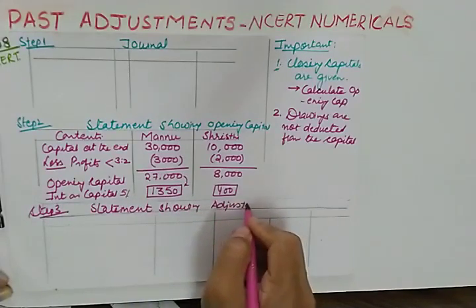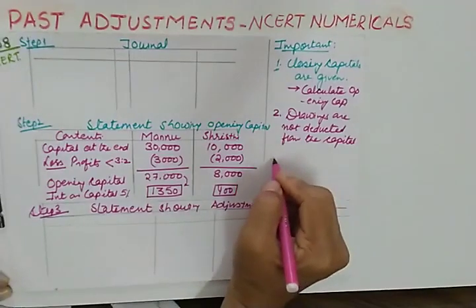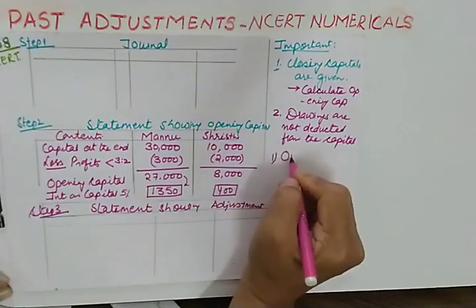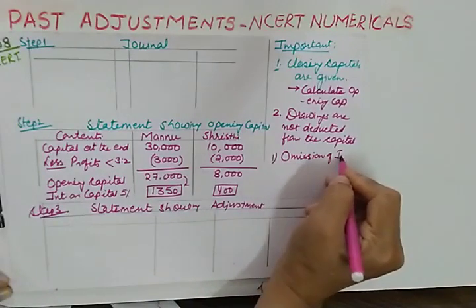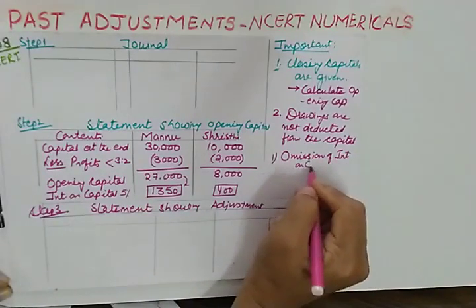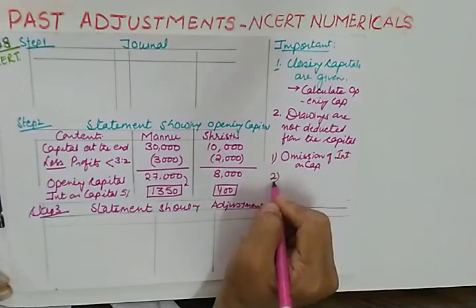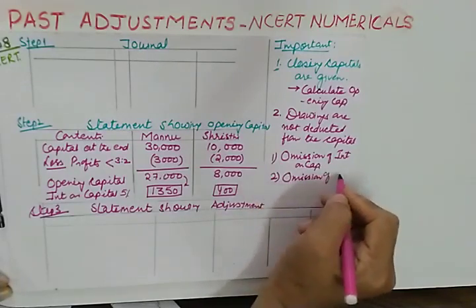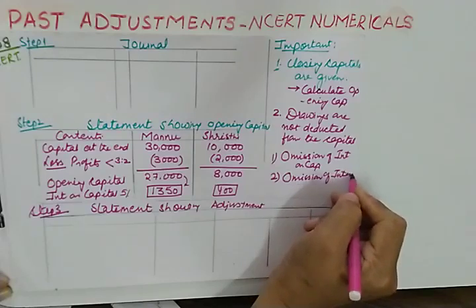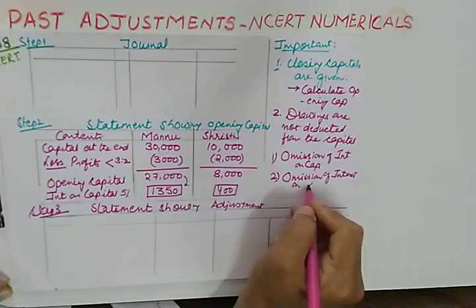How many adjustments you are required to make? You are required to make, first is there is an omission of interest on capital, and moreover second omission is omission of interest on drawings.